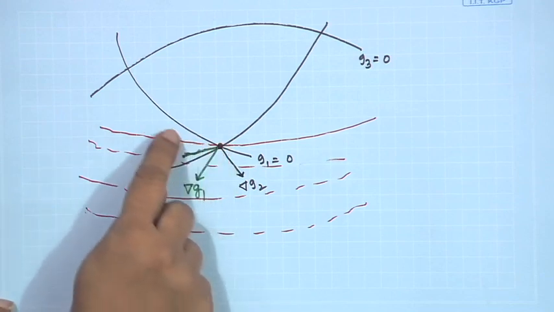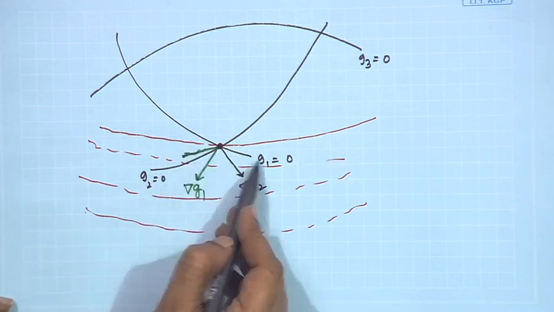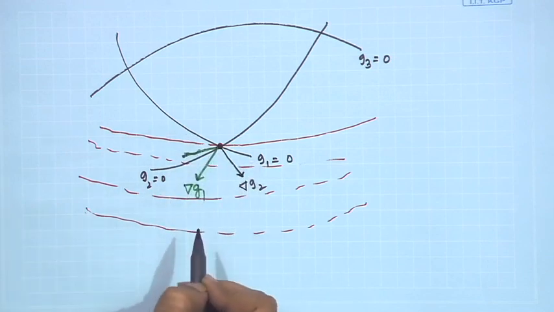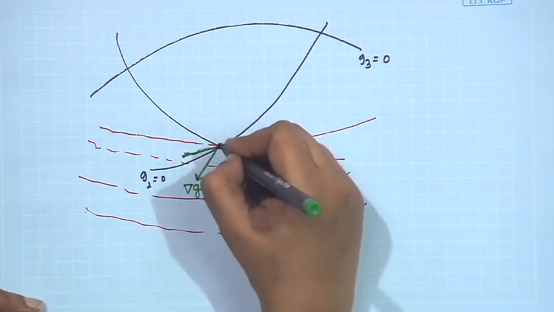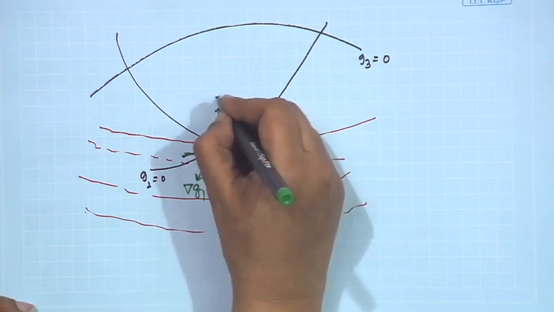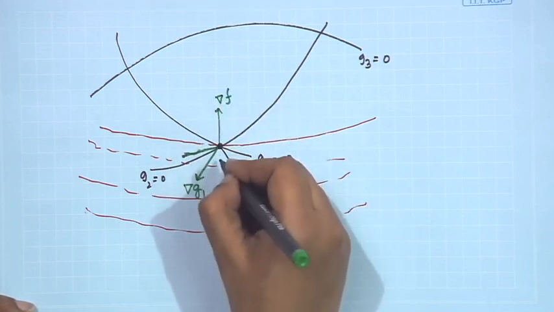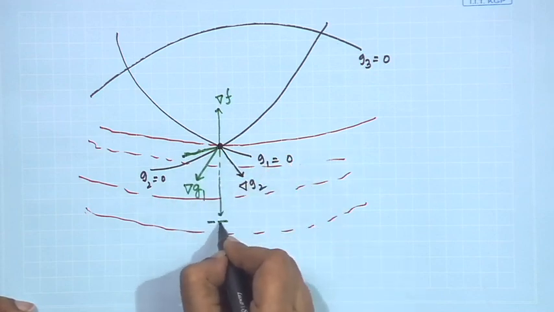If I draw a tangent here at this point, the normal to that tangent is the gradient direction at this point of G1. And at this point, if I consider the grad f, this is the grad f direction. That is why the opposite one is the minus grad f direction.